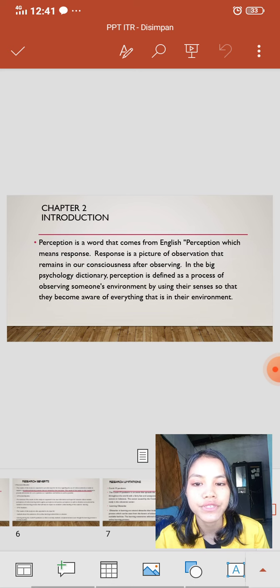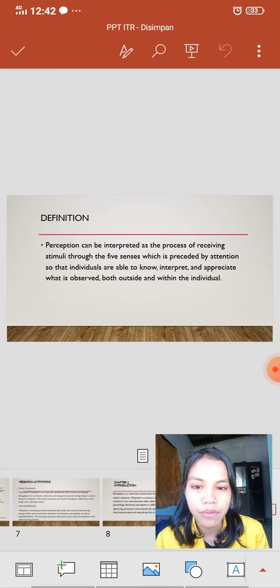In the big psychology dictionary, perception is defined as a process of observing someone's environment by using their senses so that they become aware of everything that is in their environment.